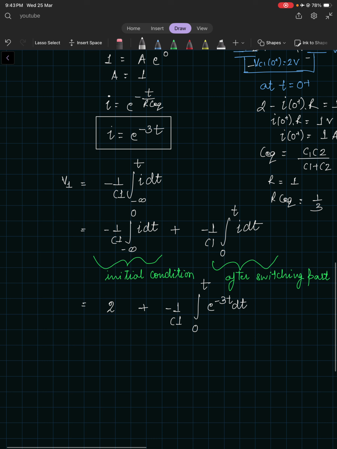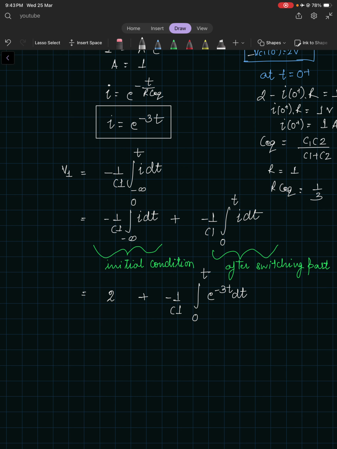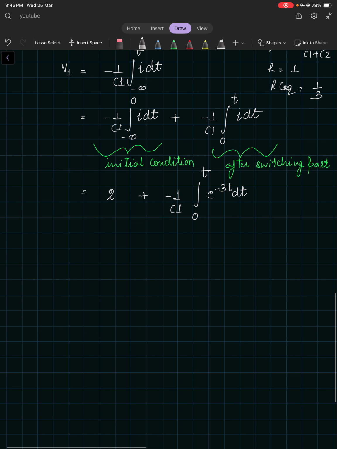I think I'm not making any mistake. Yes, it is decaying. The minus sign has to be there, because with a plus sign it would increase to a very large value, which cannot happen. So it has to be a decaying exponential. Okay, let's solve it.